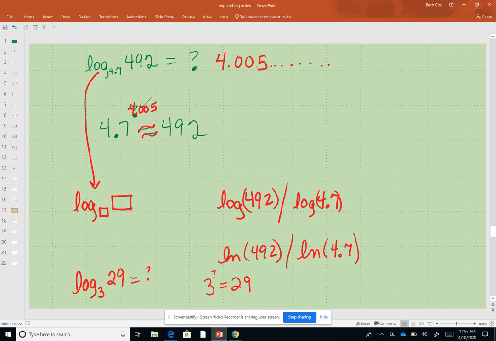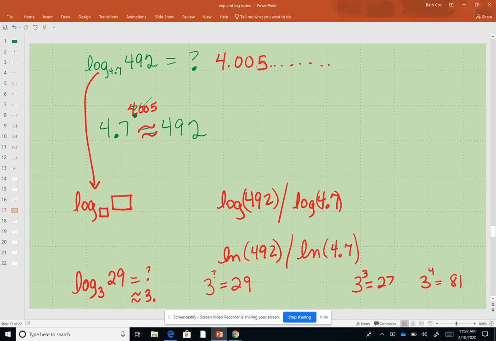And so the decimal that we should get for this should be between 3 and 4, because 3 to the third is 27, 3 to the 4 is 81, and so my answer here should be approximately 3 point something.